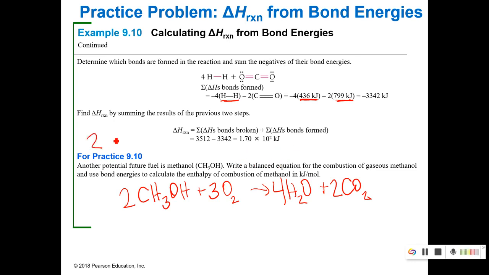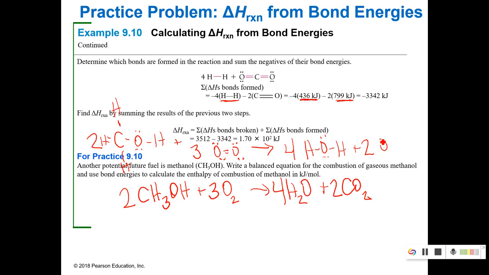So I've got 2 CH3OH plus 3 O2 yields 4 H2O plus 2 CO2. All right, so here are our values.